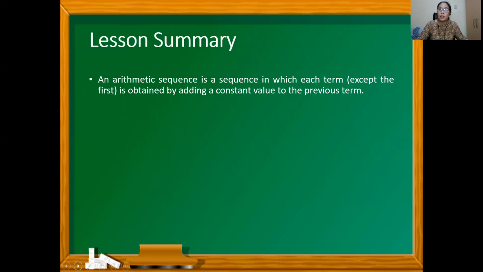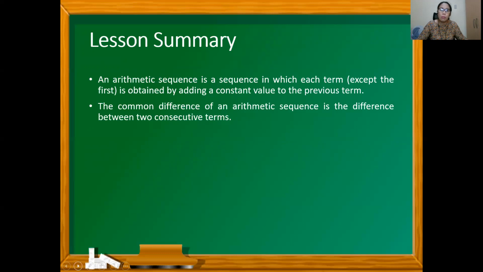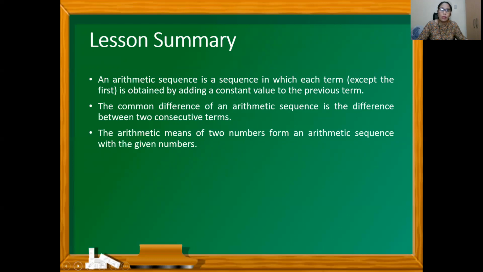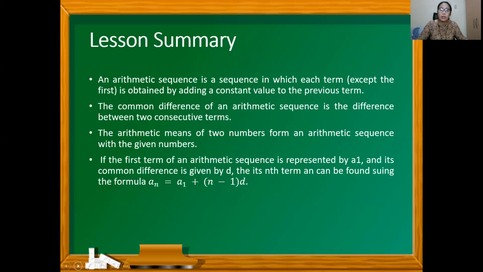To summarize, an arithmetic sequence is a sequence in which each term except the first is obtained by adding a constant value to the previous term. The common difference is the difference between two consecutive terms. The arithmetic means of two numbers form an arithmetic sequence with the given numbers.